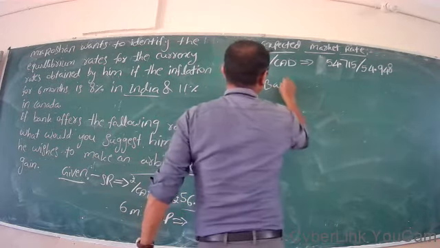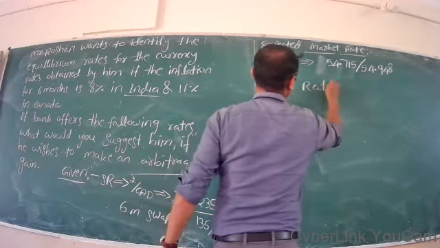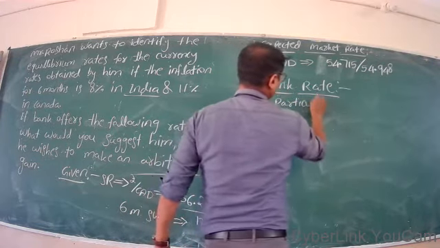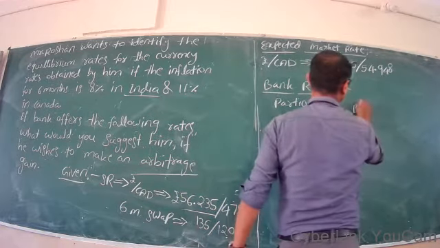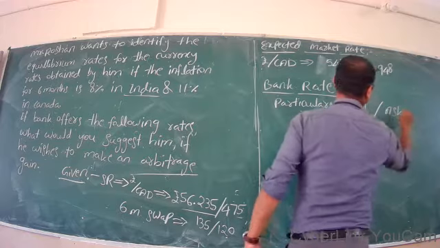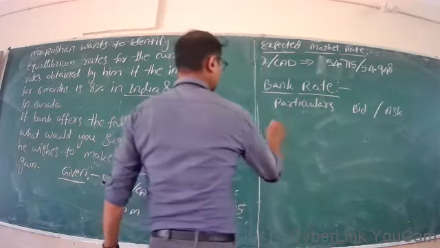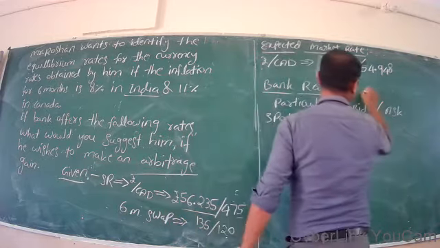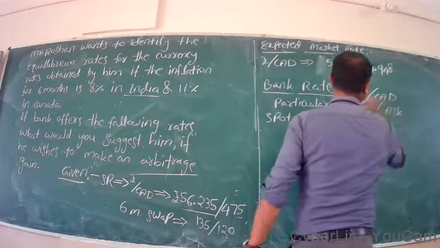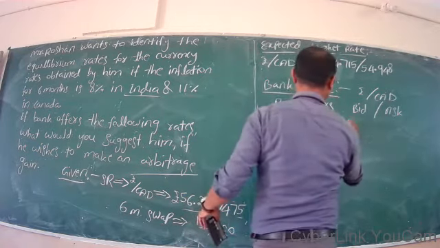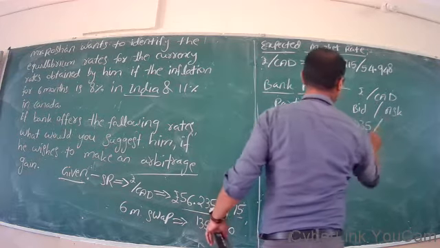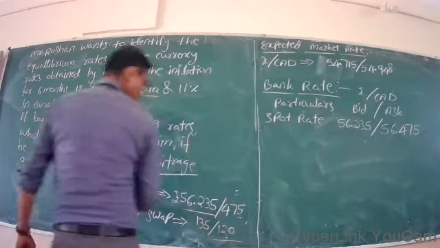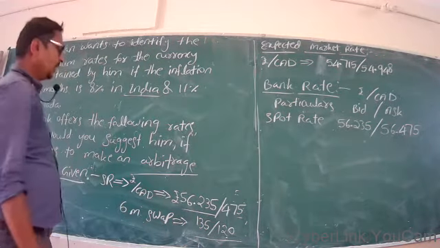The spot rate given, in rupees per Canadian dollar, is 56.235 bid and 56.475 ask. The 6 month swap point is 135 oblique 120.